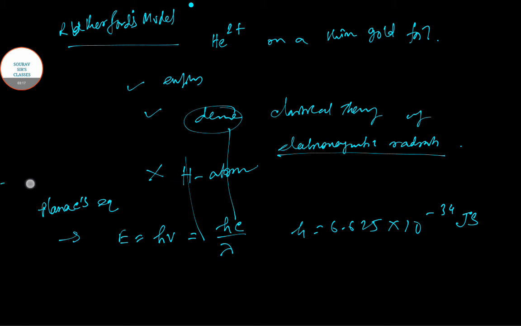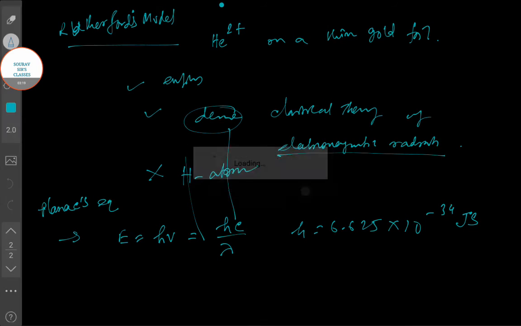Later another important concept came, called black body radiation. You can take this board as the black body. It is an ideal body that emits and absorbs radiation of all frequencies, and it can be explained by Planck's quantum theory.